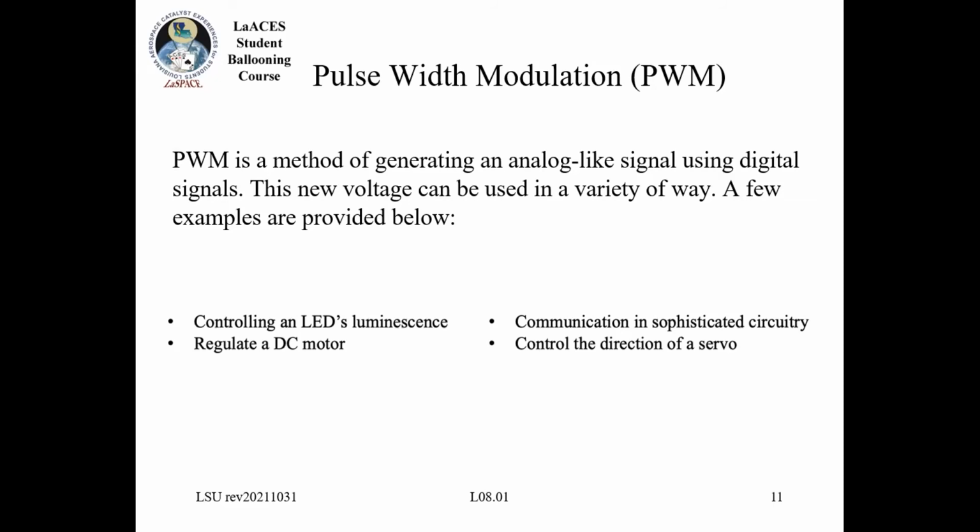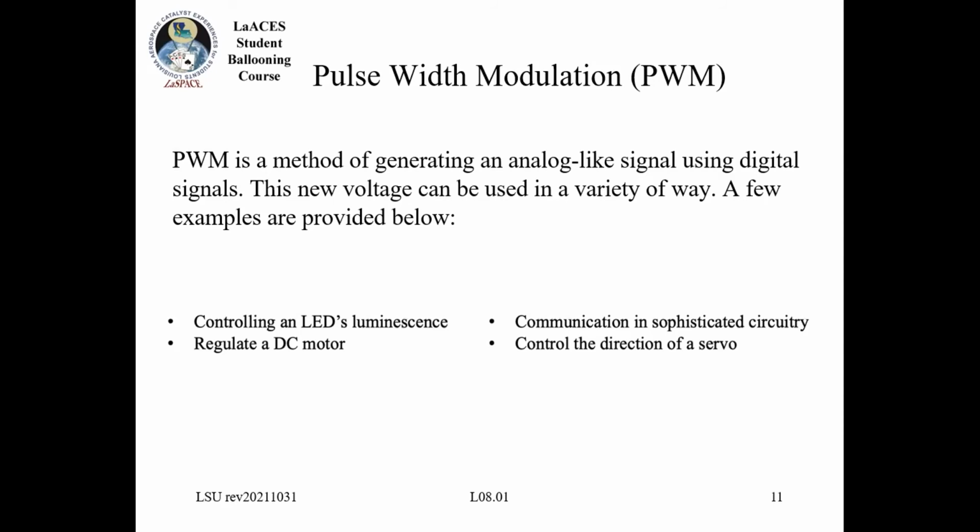An LED is pretty much either on or off. You can control the direction of a servo. A servo is just basically a motor that instead of spinning continuously, it moves to a specific angle position, right? And you could also use this for more advanced communications.